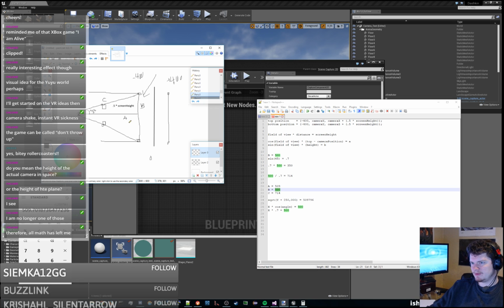No, the angle is going to be 45 degrees, because that's the field of view that we've set. So is it literally just 509 times 509? Square root that, we get 713.